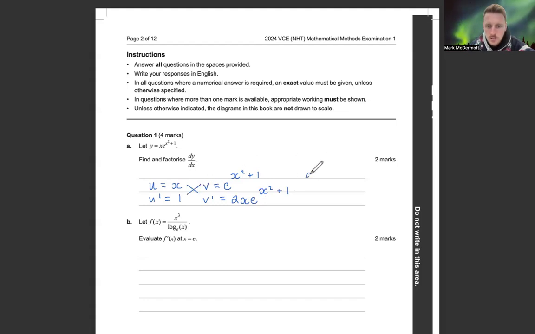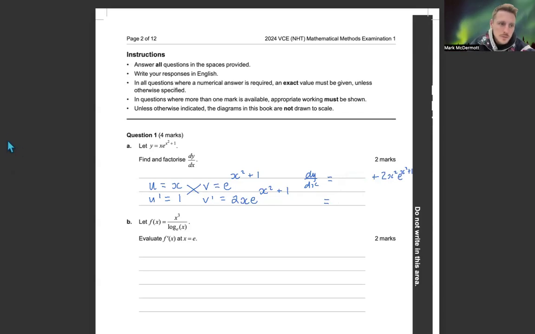So our final answer to dy dx will be x squared plus 1, because that's 1 times x squared plus 1 plus 2x squared e to the x squared plus 1. Okay, and you can see why it says factorize. It looks like to me I've made an error there.